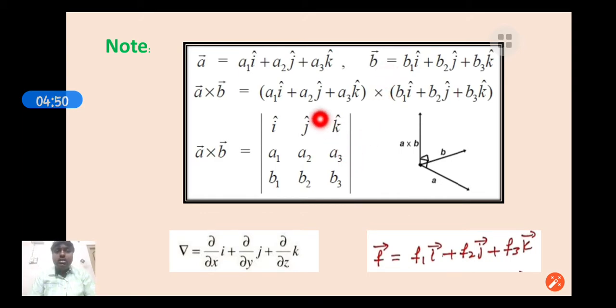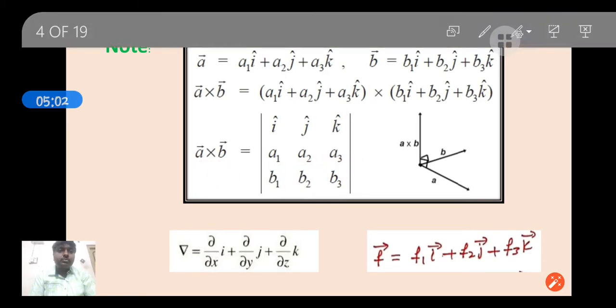The value of this determinant must be a vector. That means a bar cross b bar is a vector.